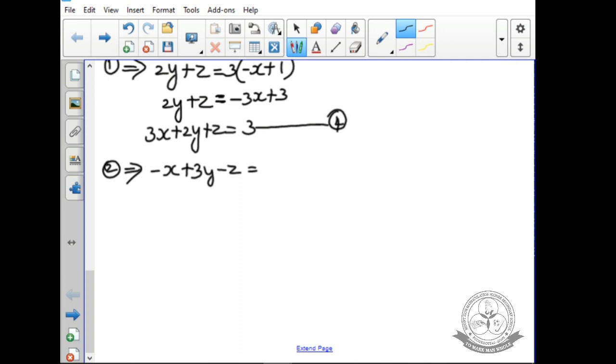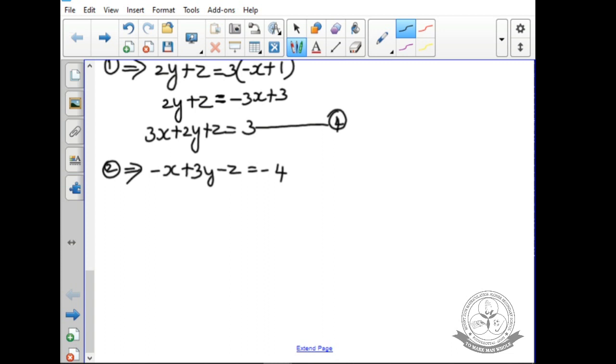It is in correct form now. So we can solve the third equation and the fourth. This is the second equation. Here it is in the correct form.